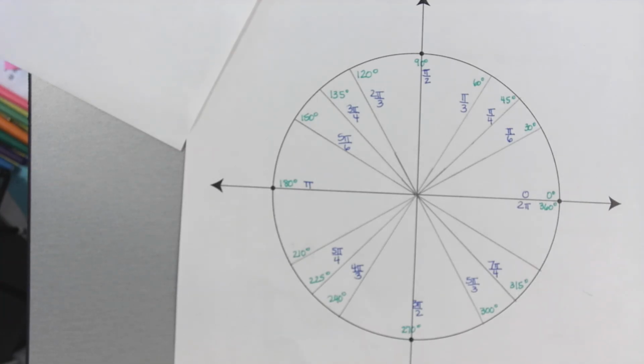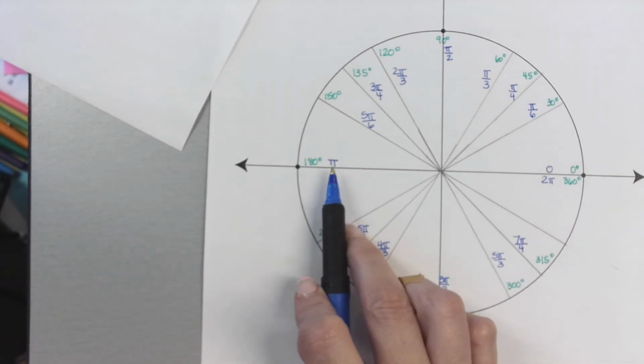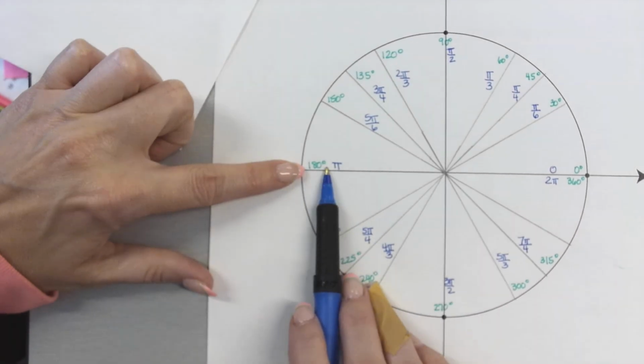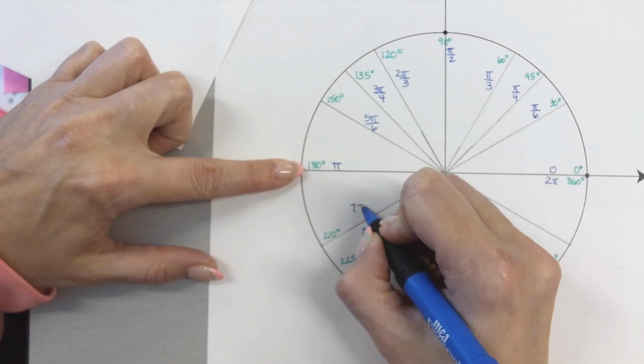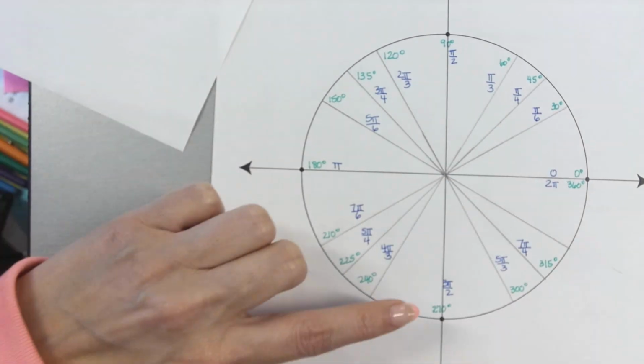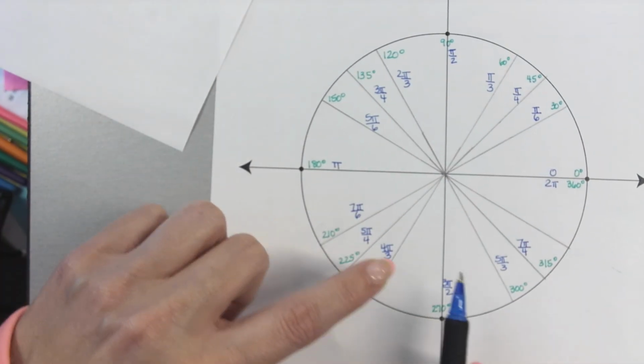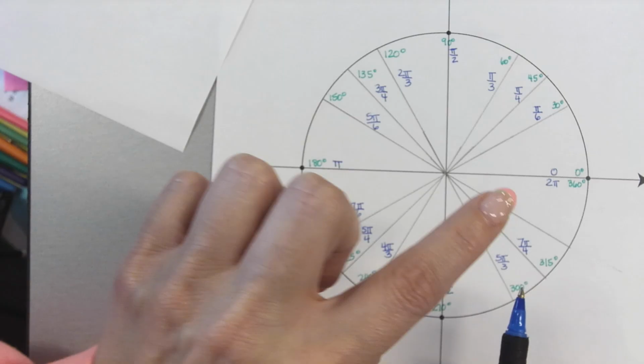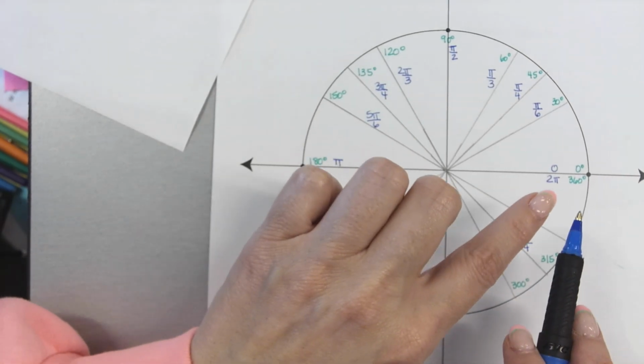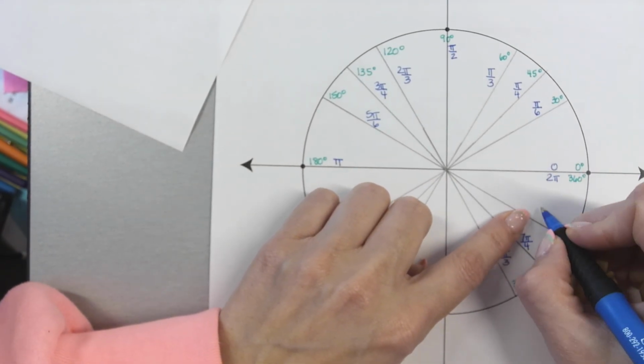All right, so then if this is 6 pi over 6, remember, we keep going 30. So this would be 7 pi over 6, 8 pi over 6, 9 pi over 6, 10 pi over 6. What should be here? 11 pi over 6.